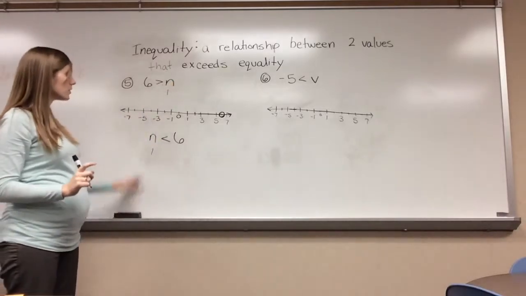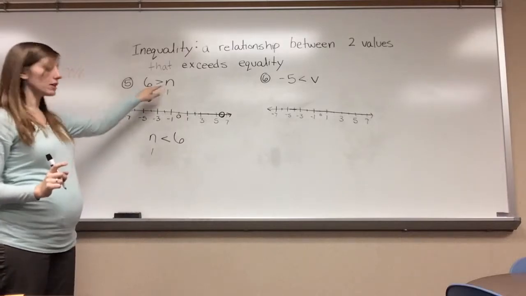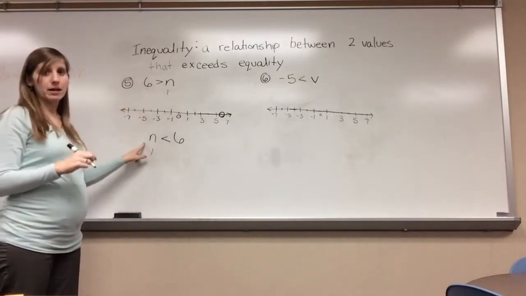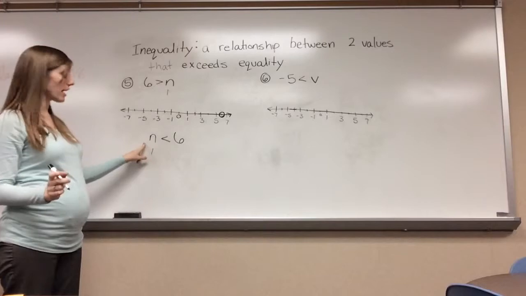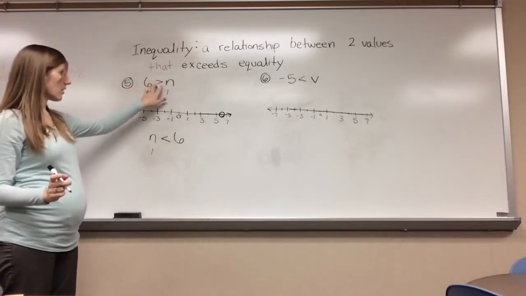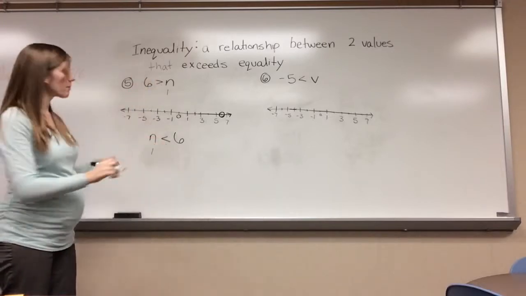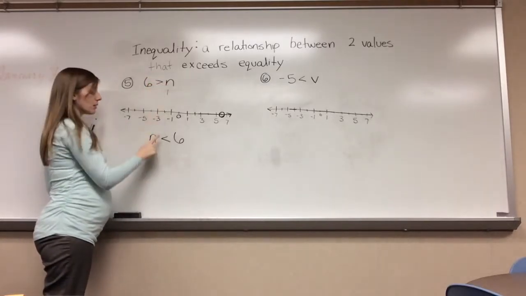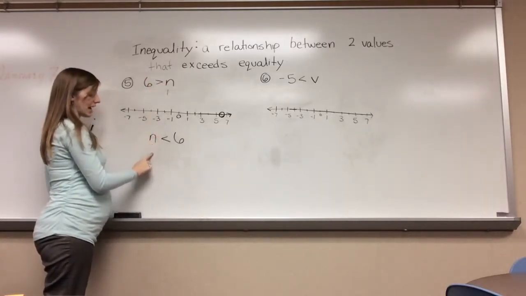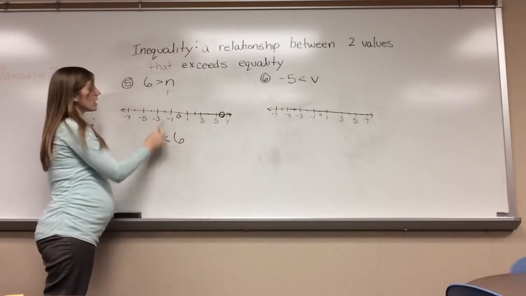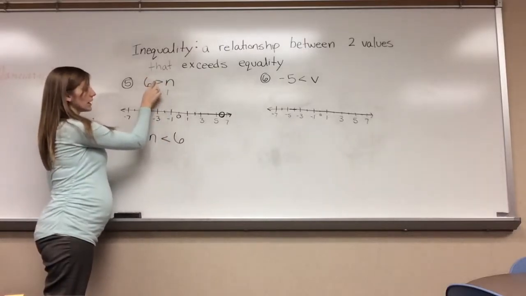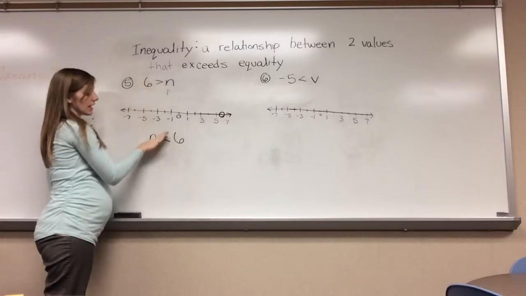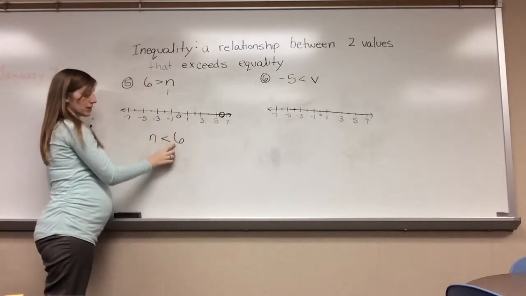So if you decide to move the letter over to the left, which I recommend because it's easier to graph, you must flip the inequality sign. See how I flipped it? The pointy part was at the end, and the pointy part is still at the end over here. The open area is towards the 6, it's eating the 6 down here.